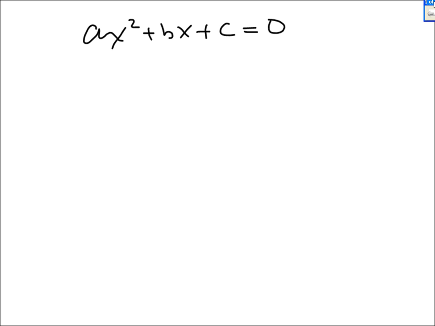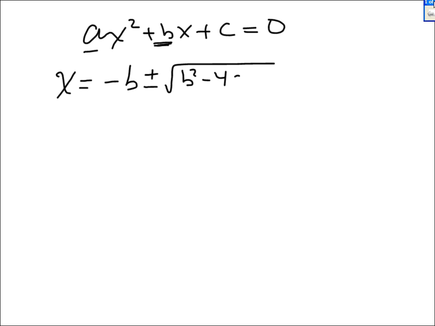Whenever you have a number times x squared plus a number times x plus another number equals 0, the answer is always x is equal to negative the number in front of x plus or minus the square root of the number in front of x squared minus 4 times the a value times the c value, and the whole thing divided by 2a.